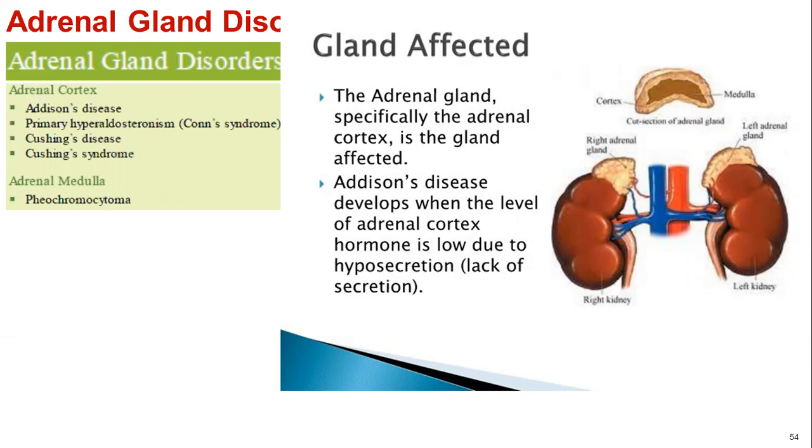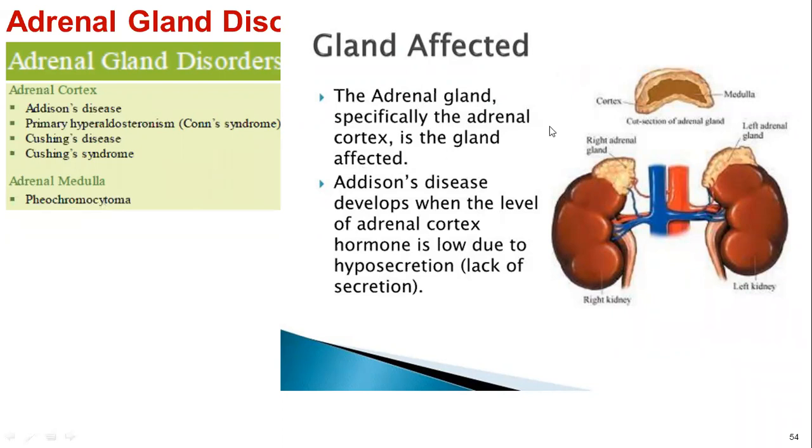On the other hand, Cushing syndrome, C, U for up, right? So overproduction, too much production of cortisol by the outer layer of the adrenal cortex, causes Cushing syndrome.